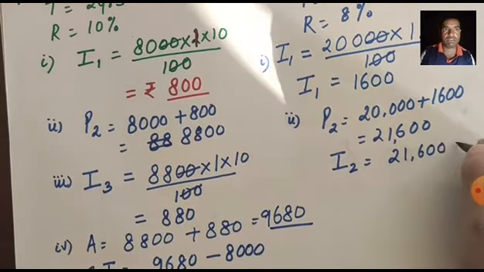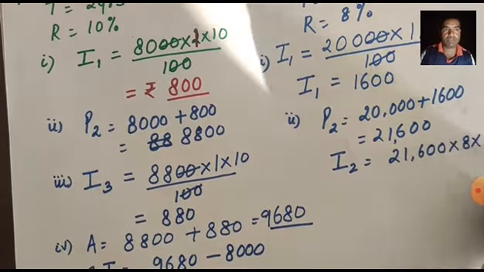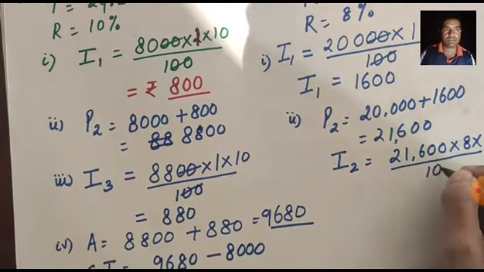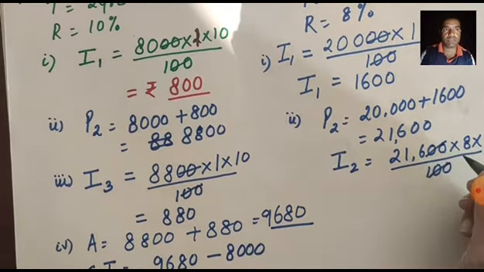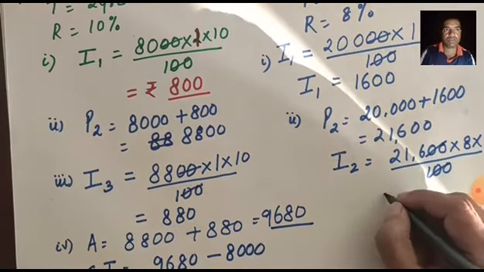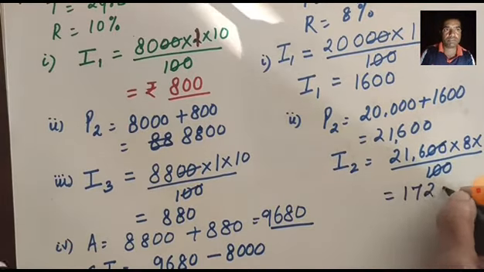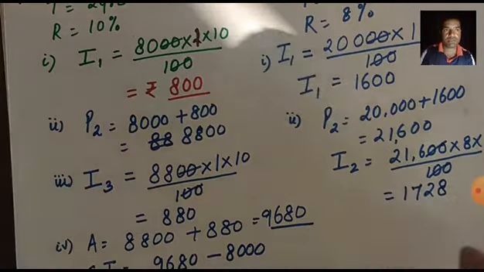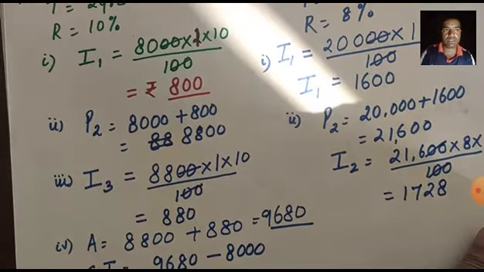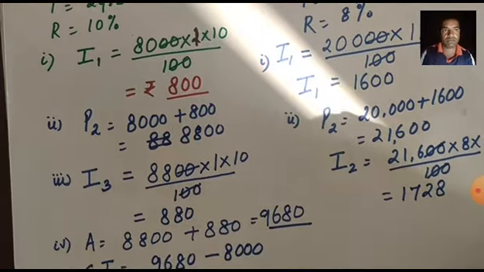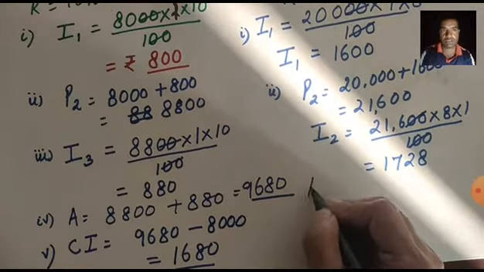So I2 is equal to 21,600 into 8 into 1 upon 100. So the two zeros get cancelled. 216 into 8 into 1, the multiplication is 1,728. This is the interest for the second year.